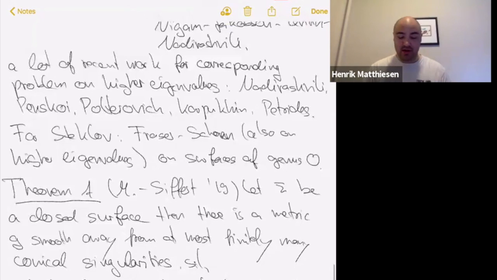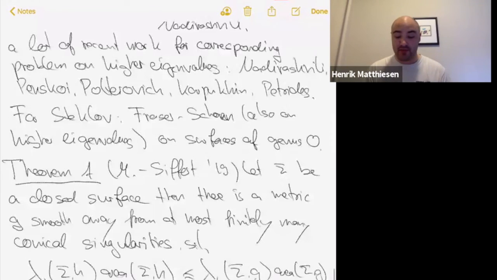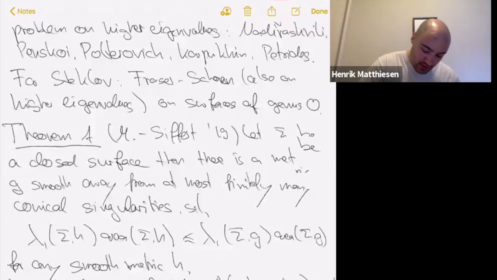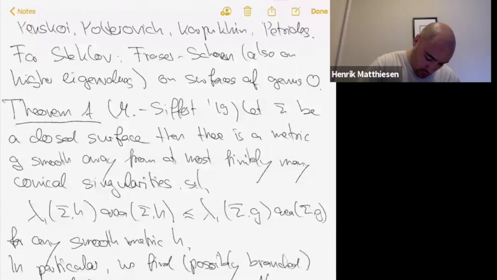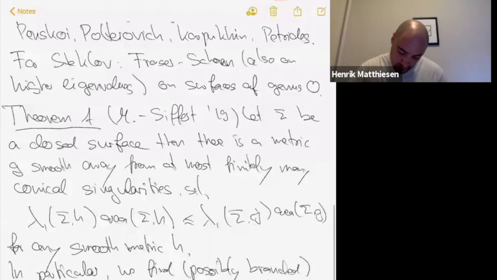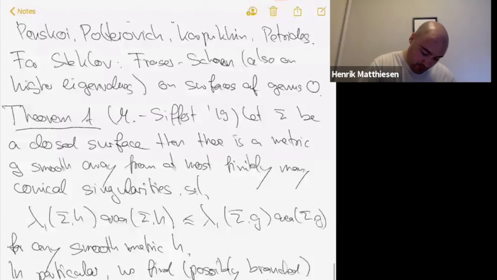Okay. And then the second theorem is the very same theorem for the case of the Steklov operator. That's from this year, I think less than a month ago, with Romain. So same theorem, but now for Steklov. Let Sigma be a compact surface with non-empty boundary.